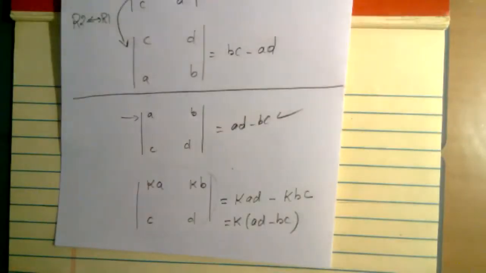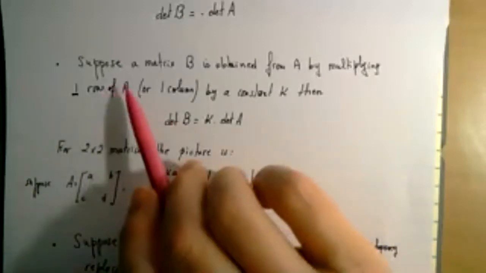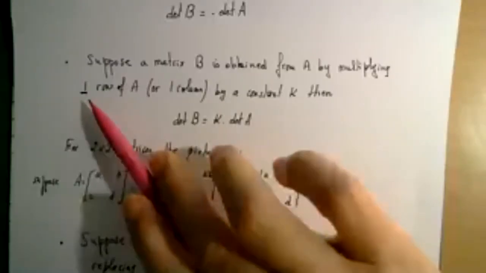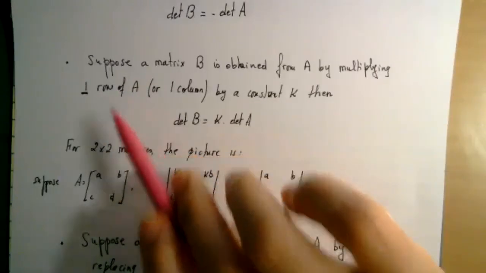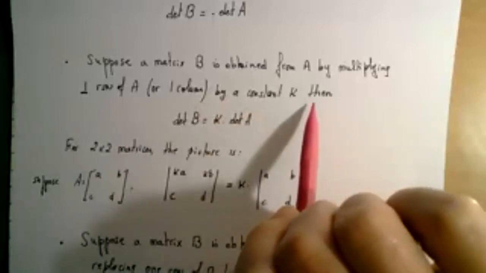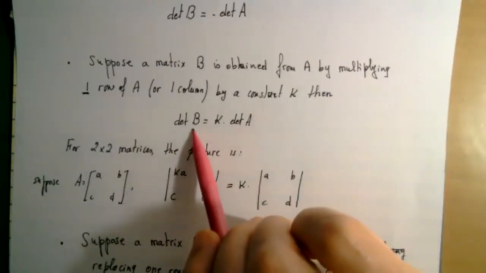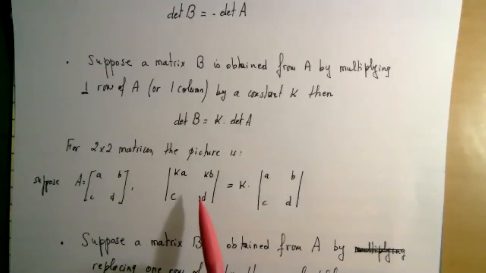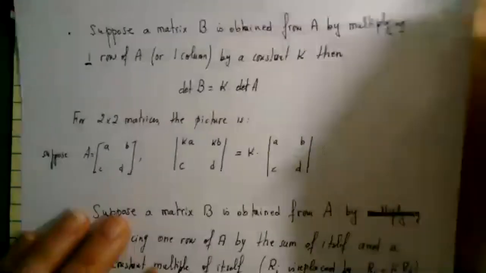So again, we're going to read it right there. Suppose a matrix B is obtained from A by multiplying 1 row, not 2, not 3, 1, by a constant K. So then the determinant of B is K times the determinant of A. I also have the picture to be very clear.